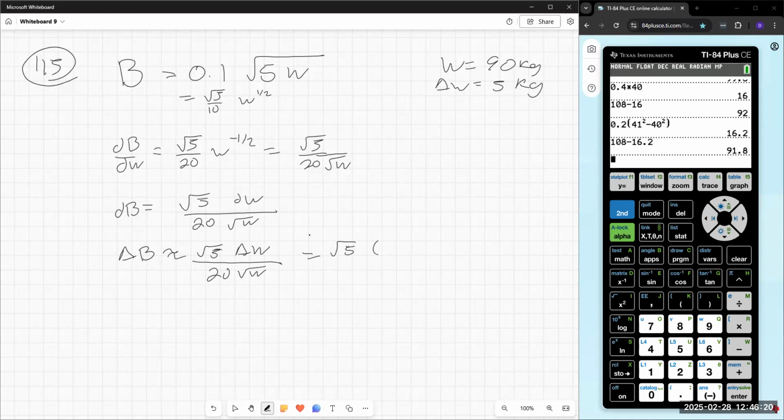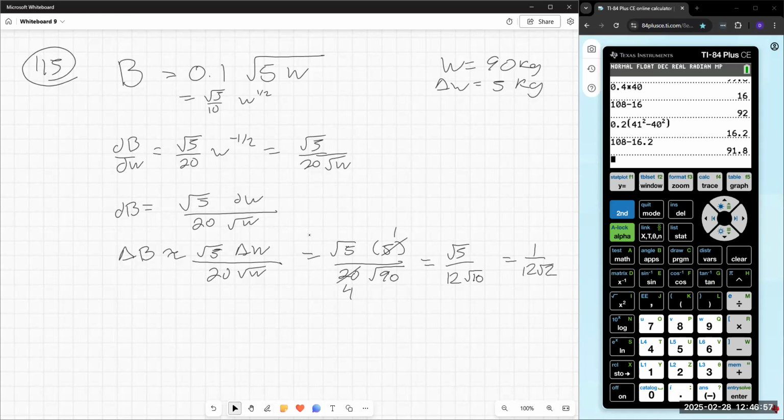It's root 5 times 5 over 20 times root 90 will be, 5 goes into 20 4 times, is root 5 over 4 times 3 is 12 root 10, and root 5 goes into root 10 root 2 times.